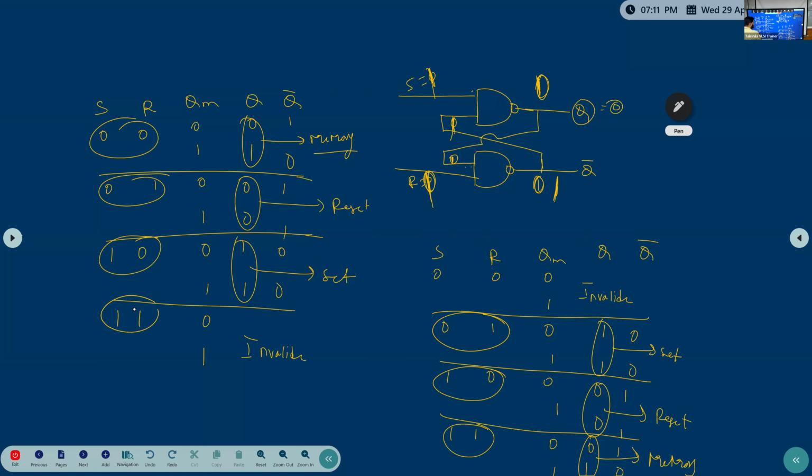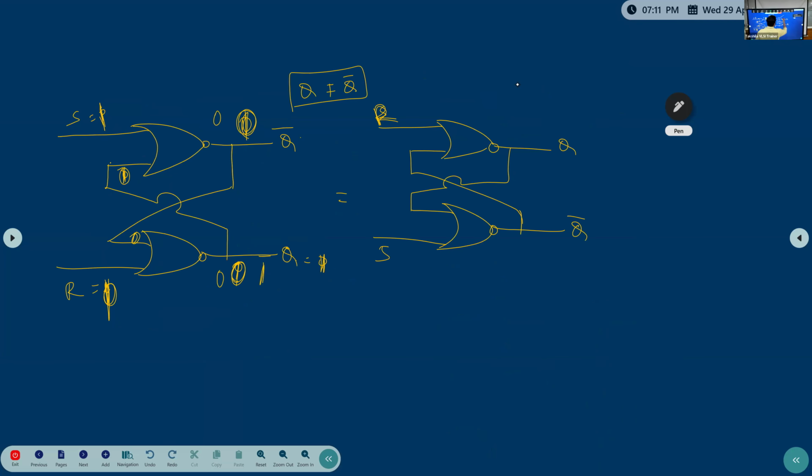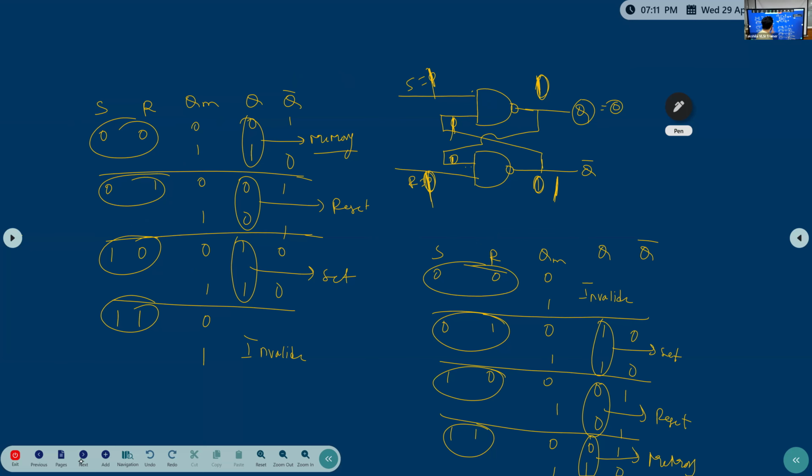Here 1, 1 we will get the invalid. Here 0, 0 we are getting invalid. Means quite opposite we are getting. But the first memory element is the NOR based latch. So this only we invented. Based on this truth table only we need to go forward. So that's the reason I need to develop the same truth table by using this NAND gate.